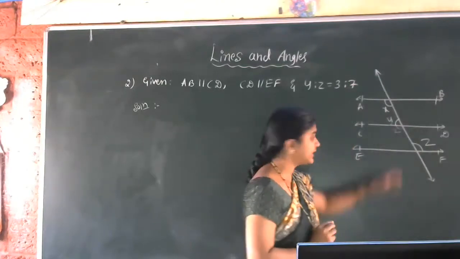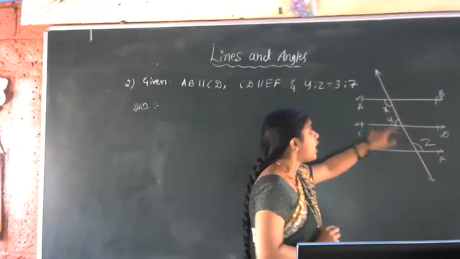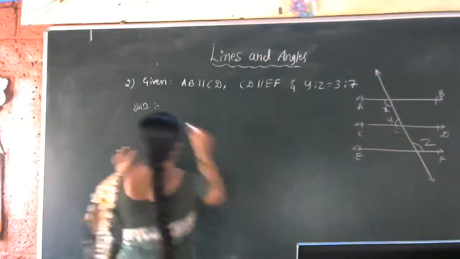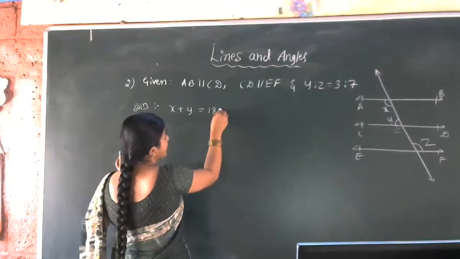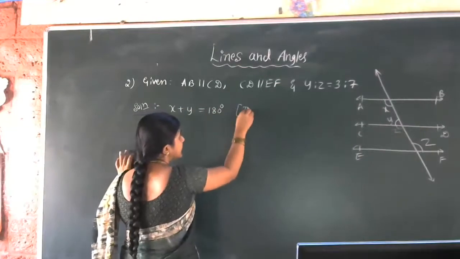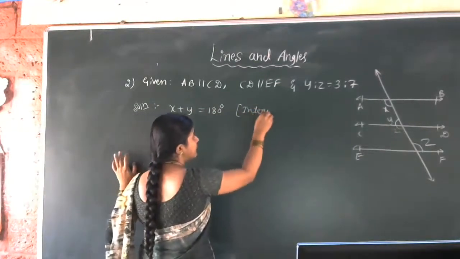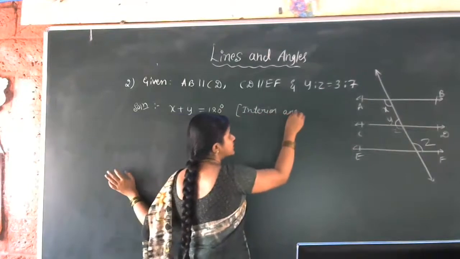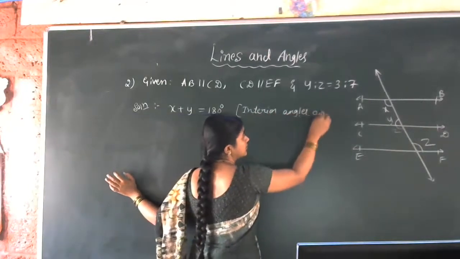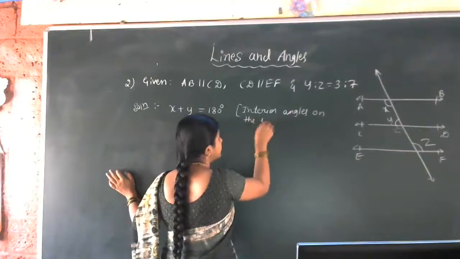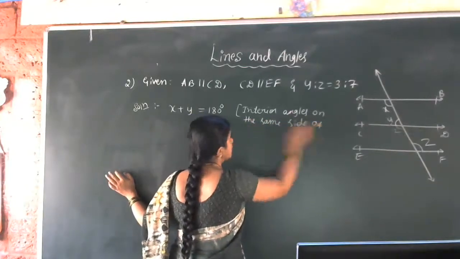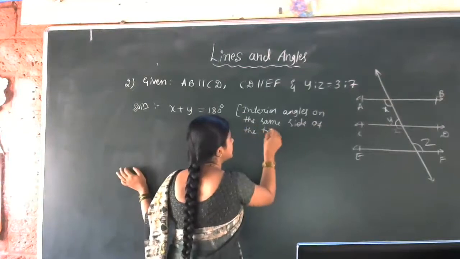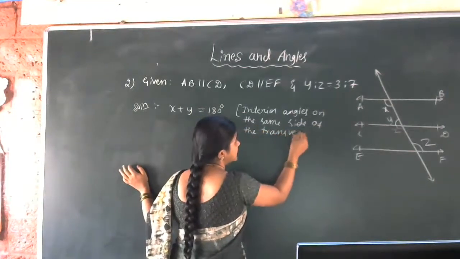So first we will write that x plus y is equal to 180 degrees, because interior angles on the same side of the transversal.